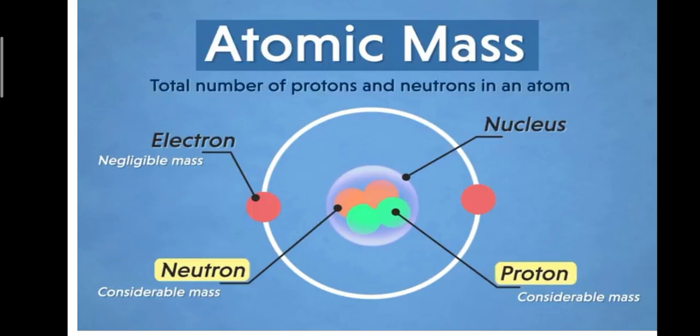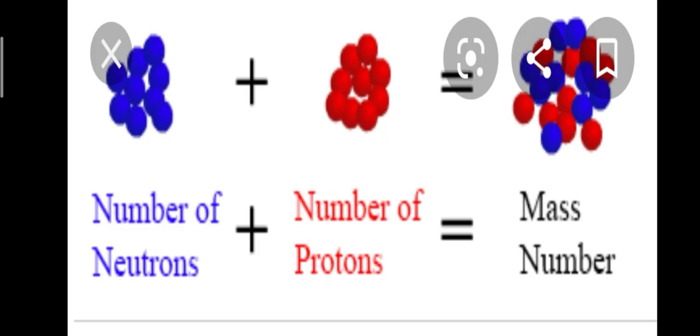So nucleus is considered as the mass of any substance. So nucleus, that is neutron and proton. So that's why the number of protons and neutrons is nothing but the atomic mass number.